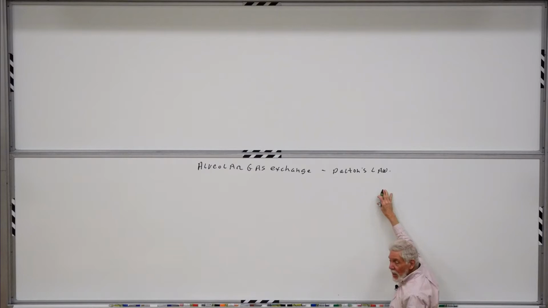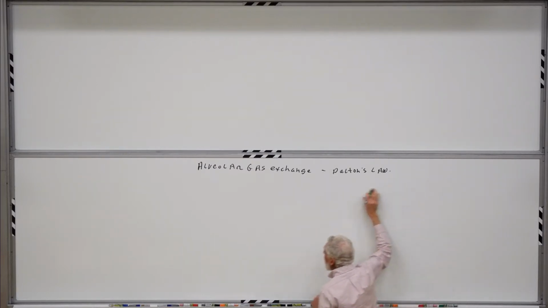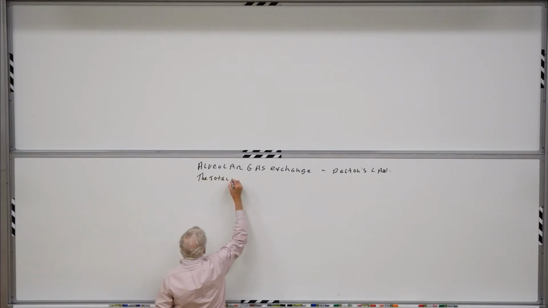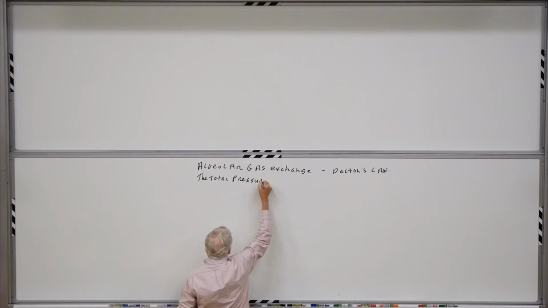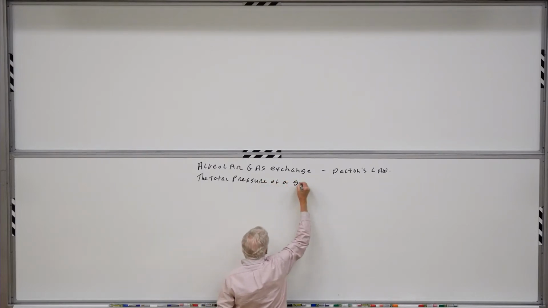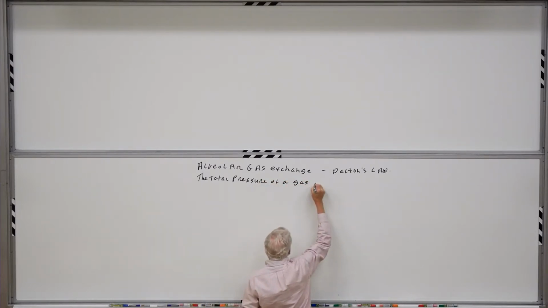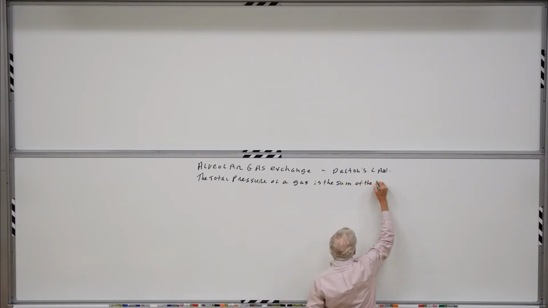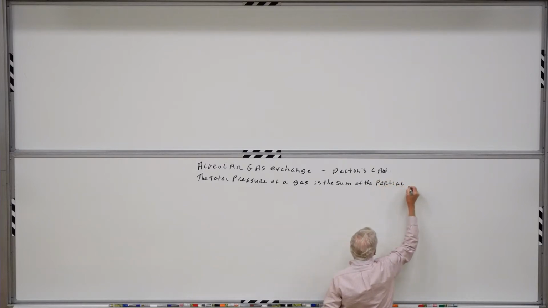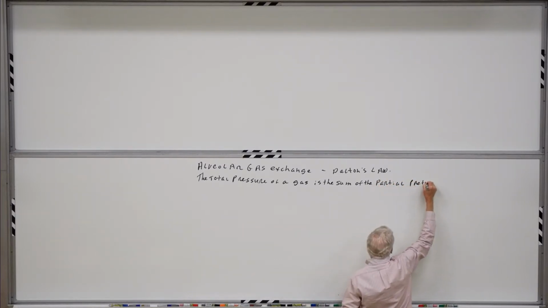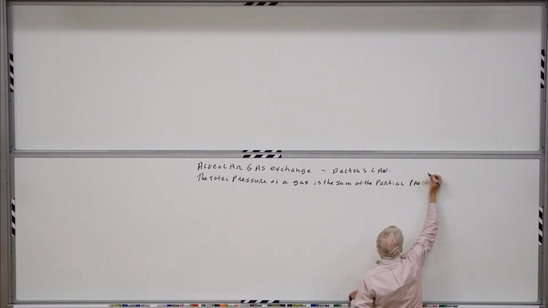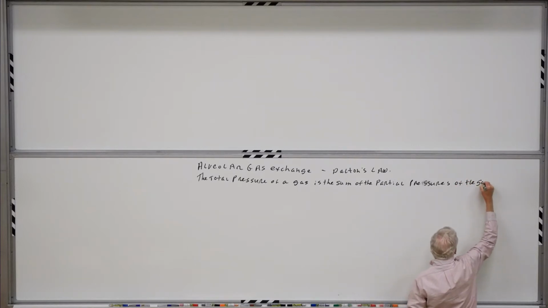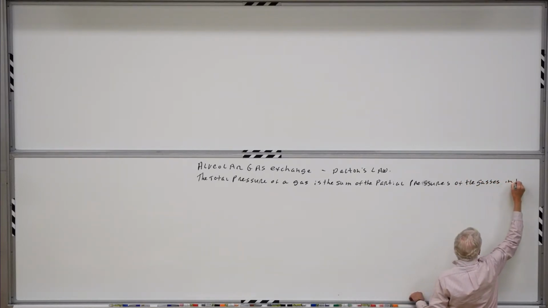And early in the 19th century, Dalton said that the total pressure of a gas is the sum of the partial pressures of the gases in the mixture.